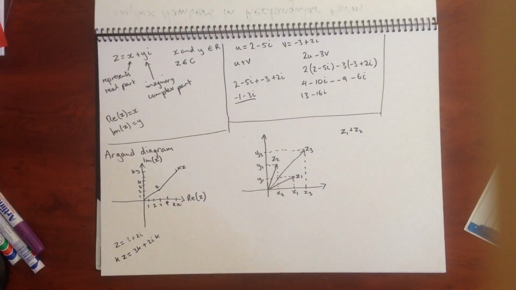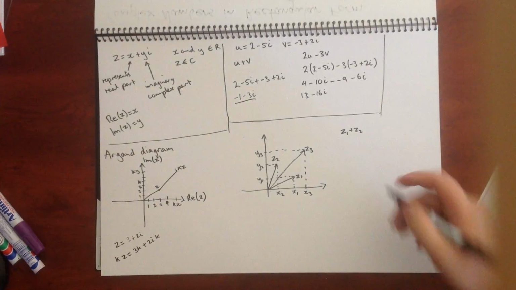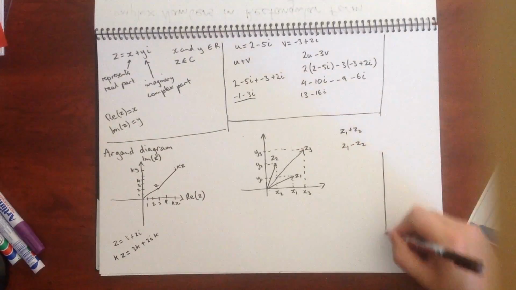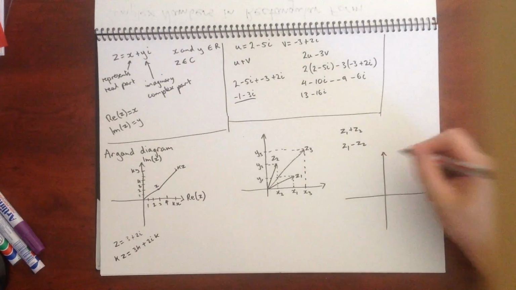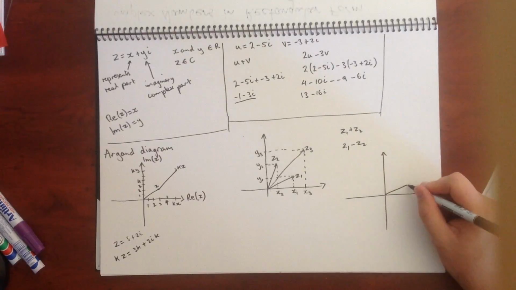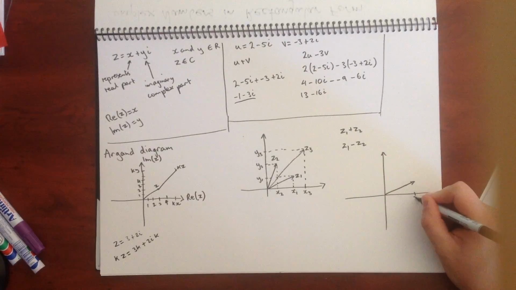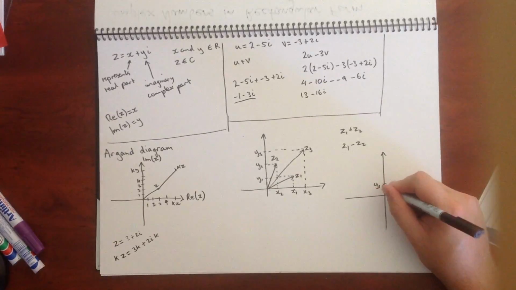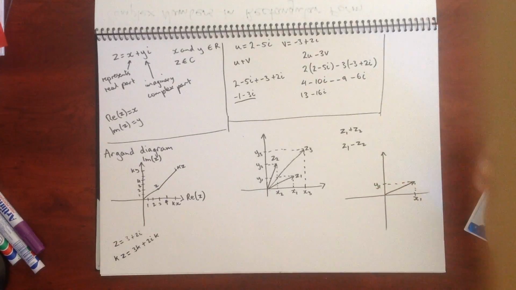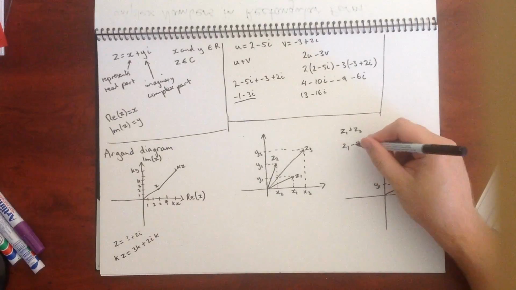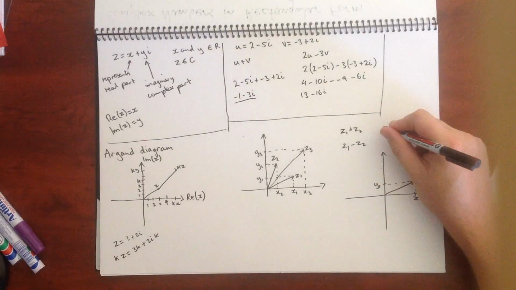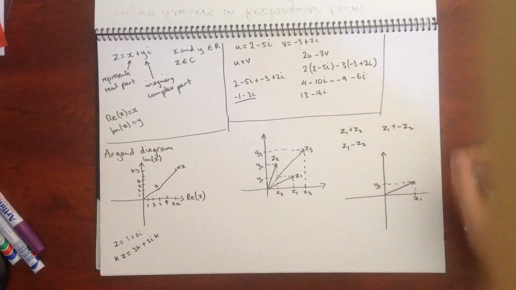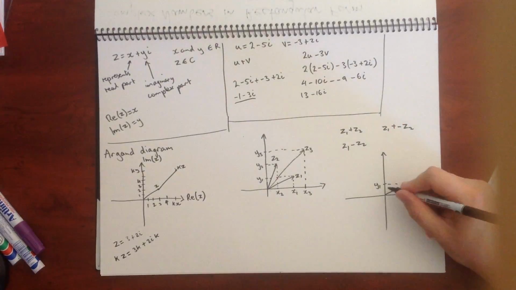Right, if we're talking about subtraction, if we want to do z1 take z2, this time we've still got our z1 that's over here, with our x1 and our y1. But remember that z1 take z2 is the same as saying z1 plus negative z2. And to make something negative, you change its direction.